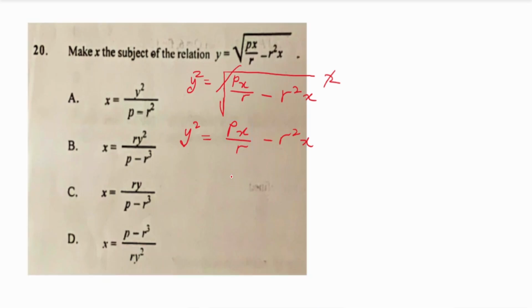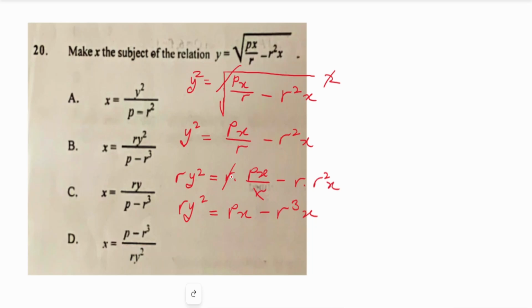And that gives us ry squared equals r times px over r minus r times r squared x. And that gives us ry squared equals, this and this cancel out. You have px minus r cubed x.